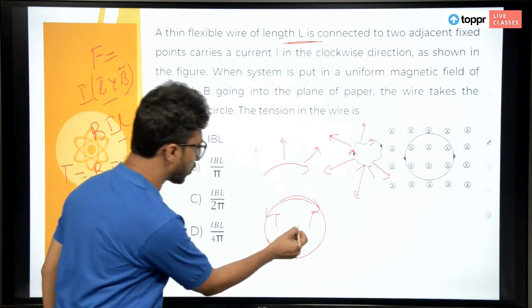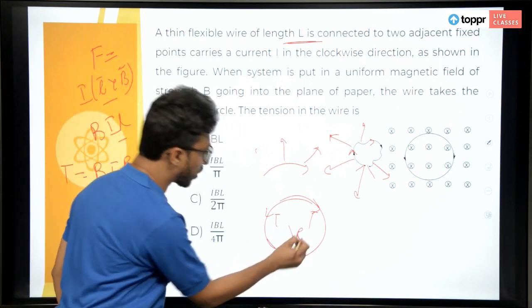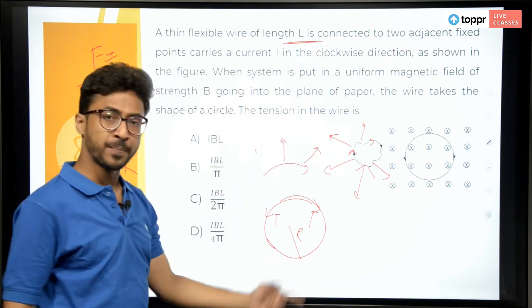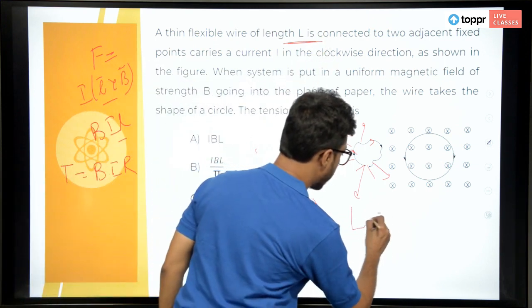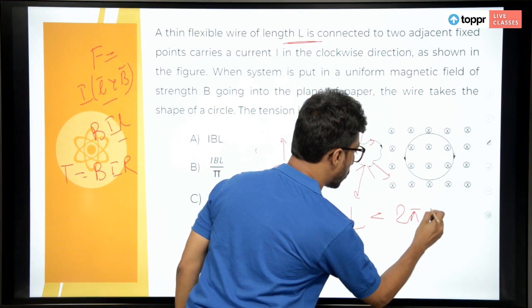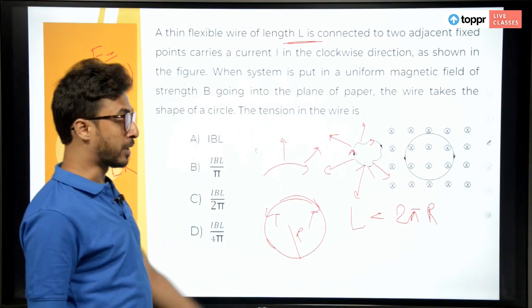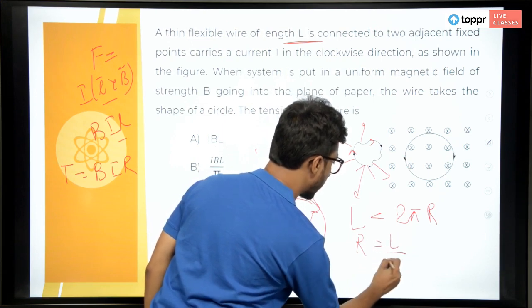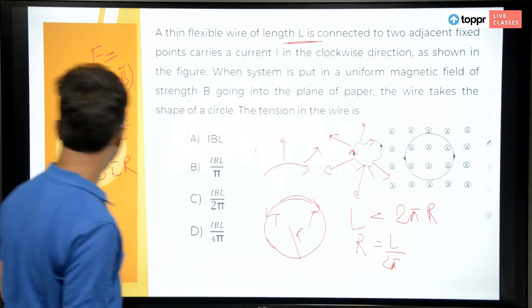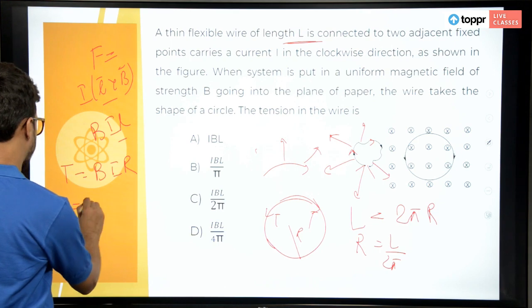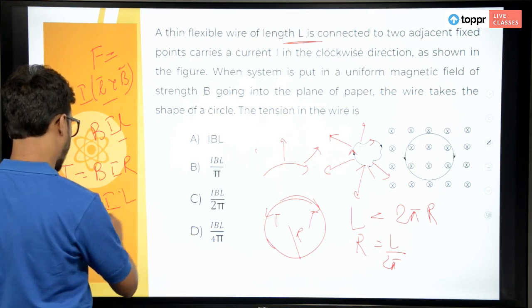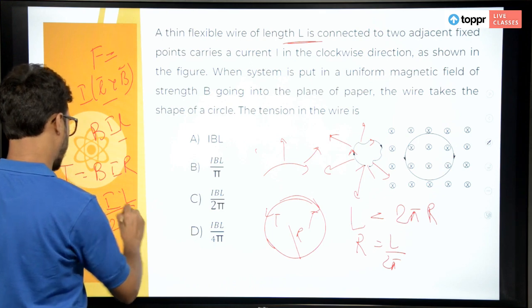R we have taken to be the radius of the coil. Now, the total length is nothing but the circumference. So L is nothing but 2 pi r. So replacing r we can write L by 2 pi, so T equals BIL by 2 pi.